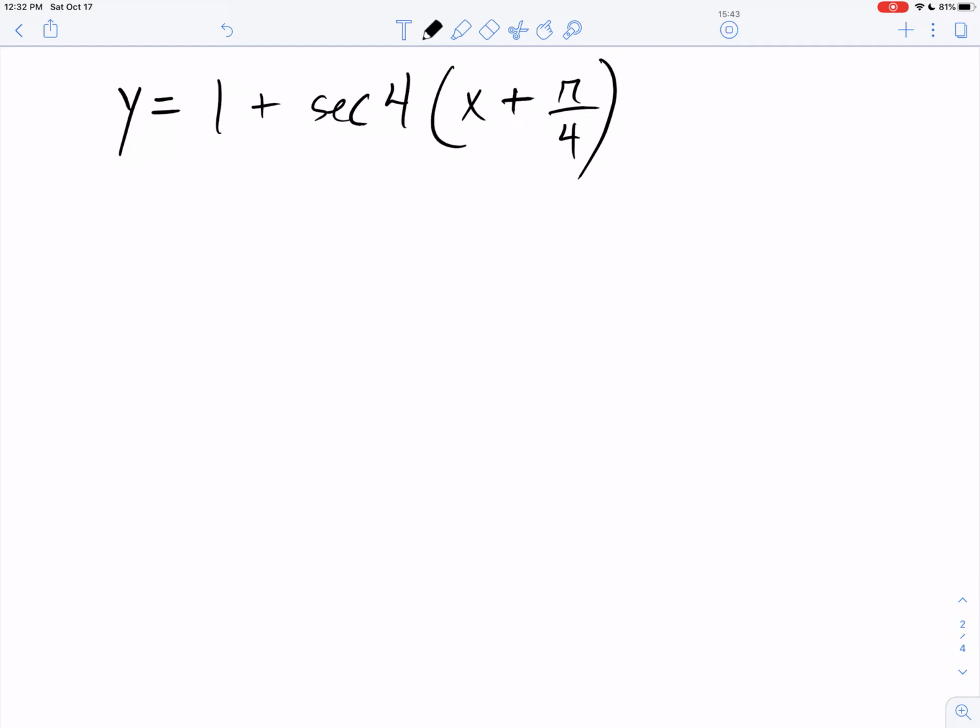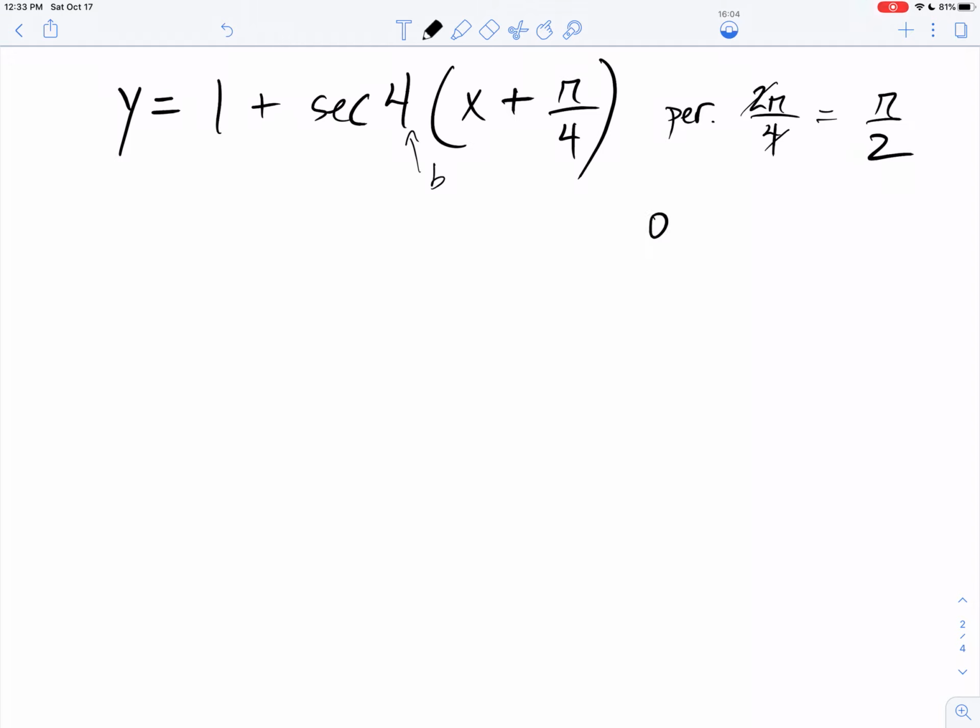So, let's begin where we began. This time we have a phase shift, but I need to know my period. I need to know that. So it's going to be 2 pi divided by 4, because that's my b value. So this guy, reduce it a little bit, it's pi over 2.